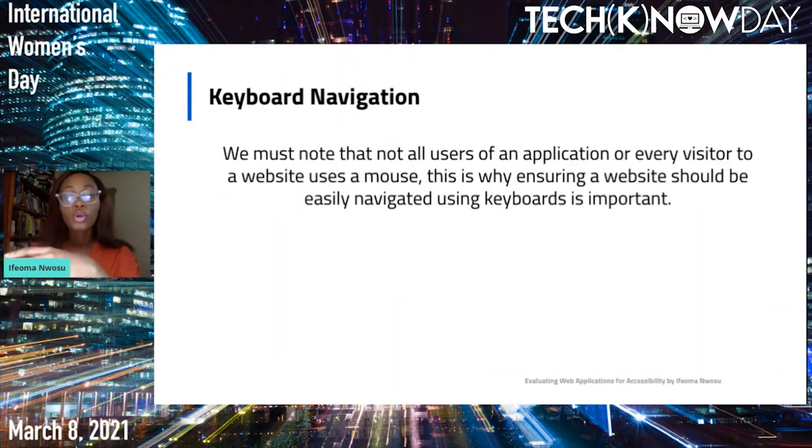We must know that not all users of an application or every visitor to a website uses a mouse. This is why ensuring a website can be easily navigated using a keyboard is important. This is where we make sure that certain buttons on your keyboard are able to work on your application. If I hit scroll up, that's keyboard navigation.